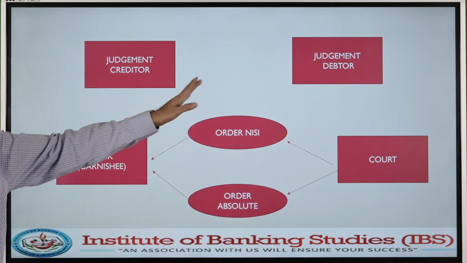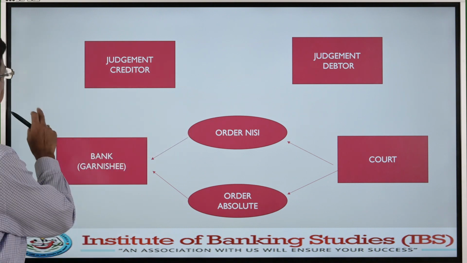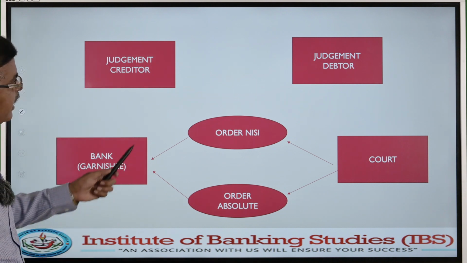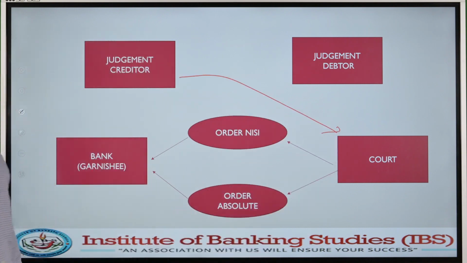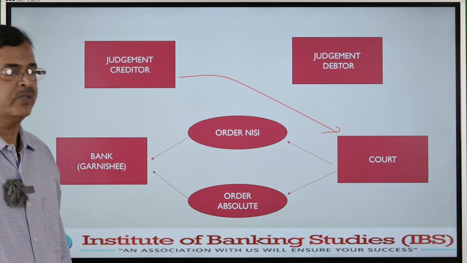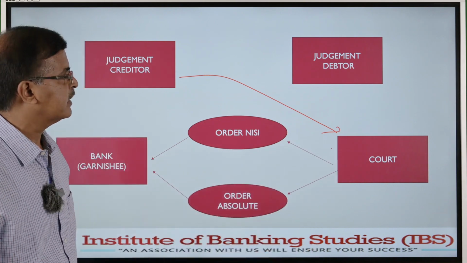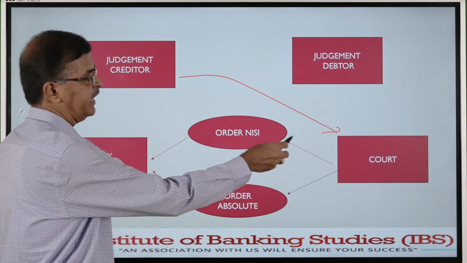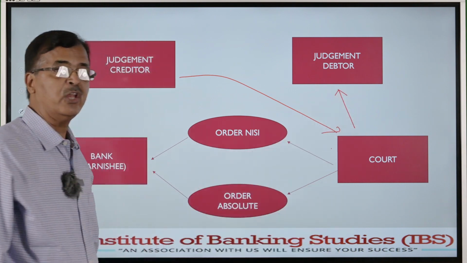So in order to recover the amount, the creditor will approach the court and file a suit in a court of law. The court will accept and examine the suit, and after perusing its different angles, the court will inquire about any amount lying in the name of this debtor with any bank.